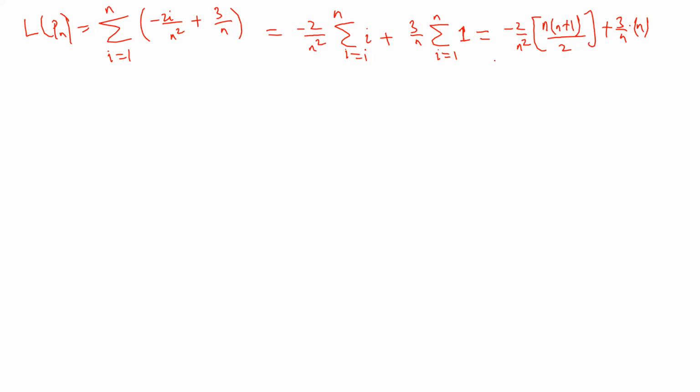The summation of 1 is n times 1. Now let's just simplify this one. Simplifying these, the 2 cancels, the n cancels, leaving us with minus (n plus 1).